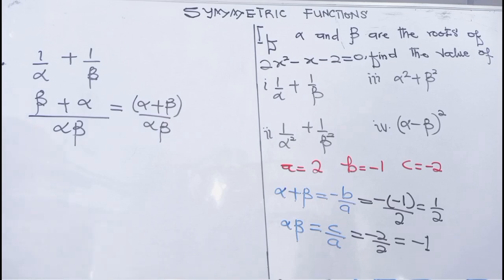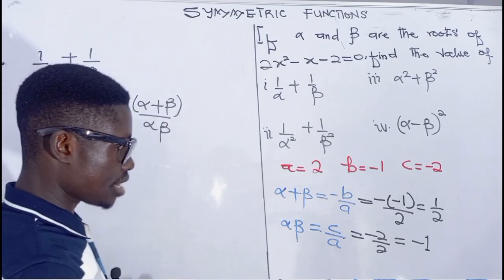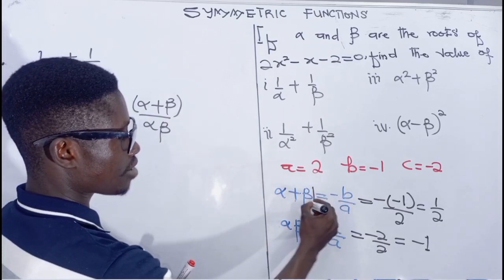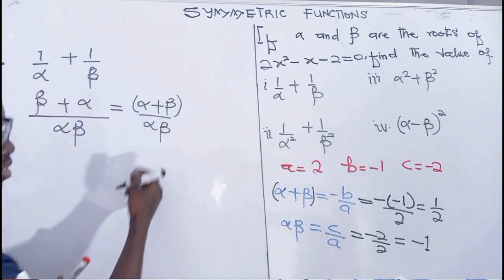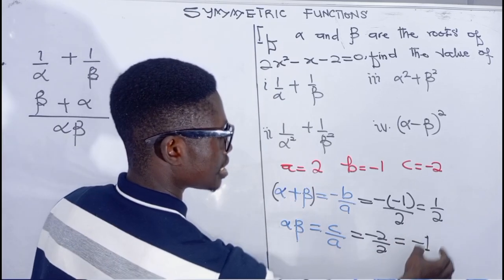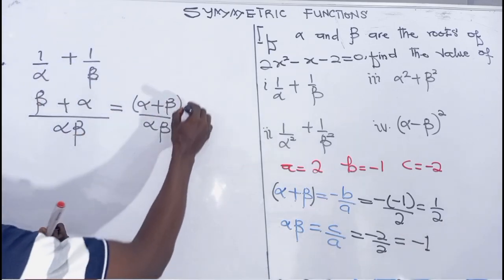So you can see that we have alpha plus beta, which is this, and then we have alpha beta, which is that. So we are just going to plug in these values.